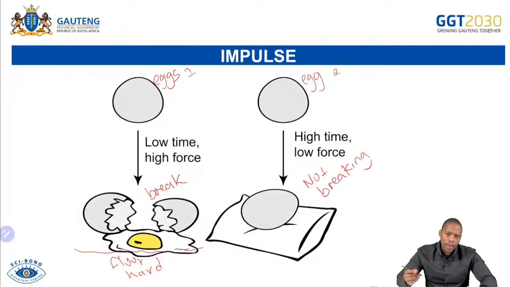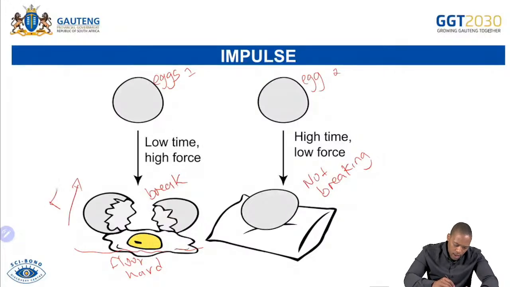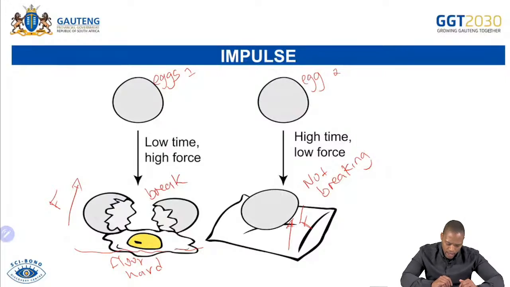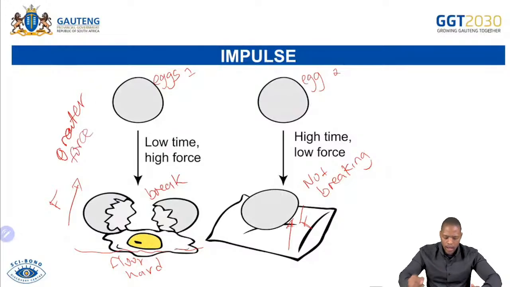Okay, so one thing we should realize is that when these eggs reach the floor, they are going to experience a force. When one reaches the ground and the other reaches the cushion, a force is exerted on the 2 eggs. So by this one breaking, it is clear that the force it experiences is greater than the force the other one experiences.